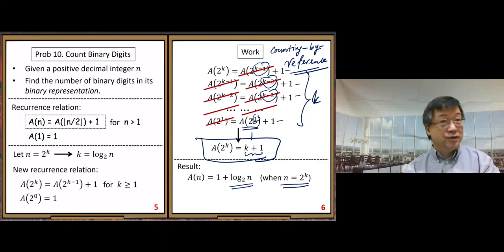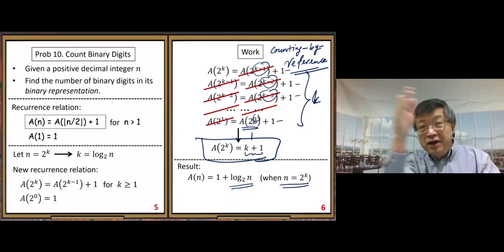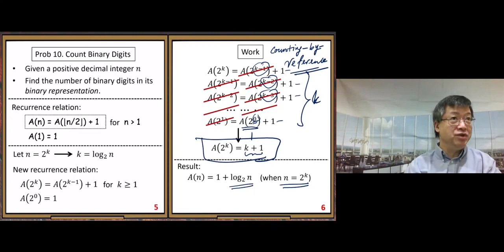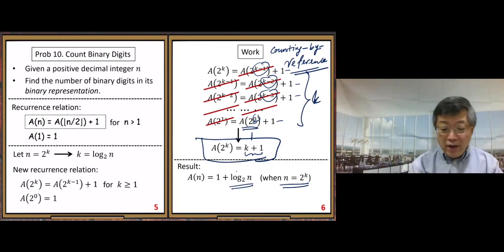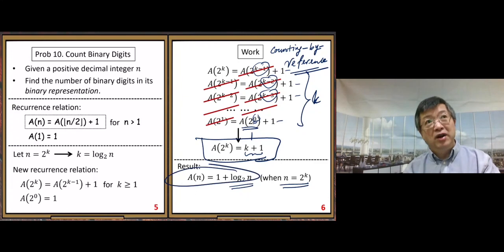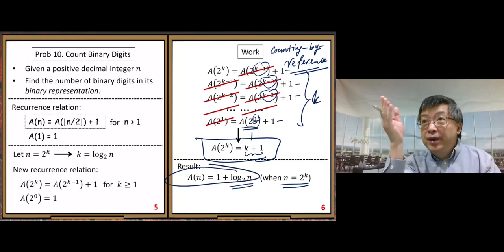But can we guess? Remember the guess and verify strategy we used before. Here, do we have enough information to guess the general case? With this formula, can you make some reasonable guess?